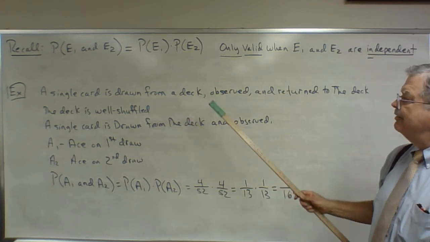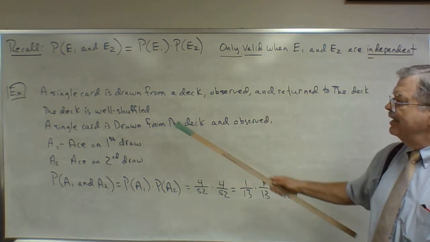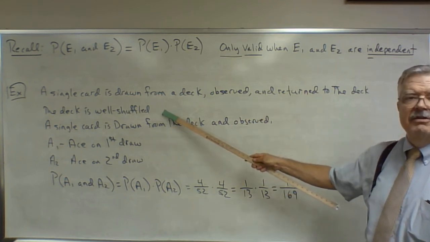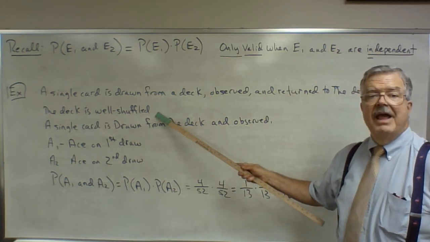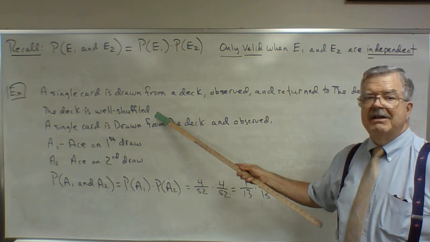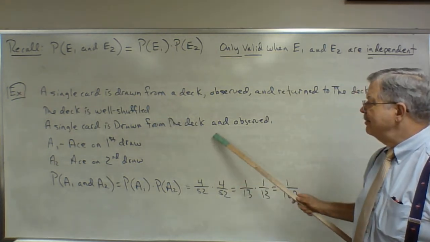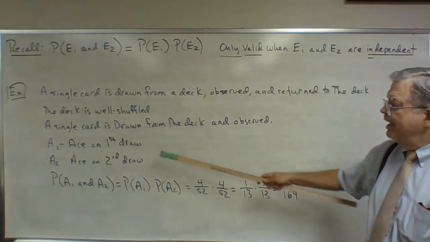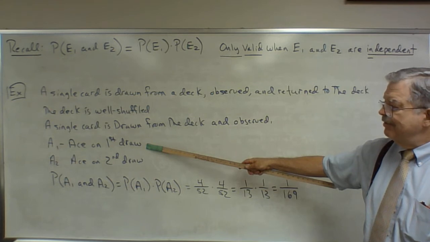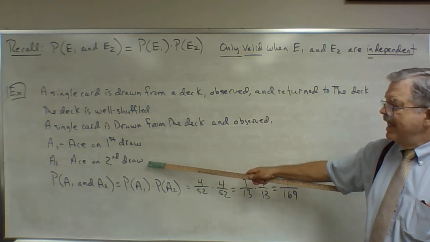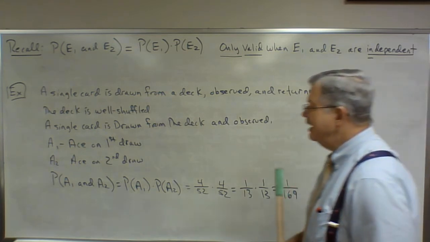The deck is well shuffled, so all 52 cards are in the deck, and each card is equally likely to be selected. A second card is drawn from the deck and observed. A1 is the event that we got an ace on the first draw. A2 is the event that we got an ace on the second draw.